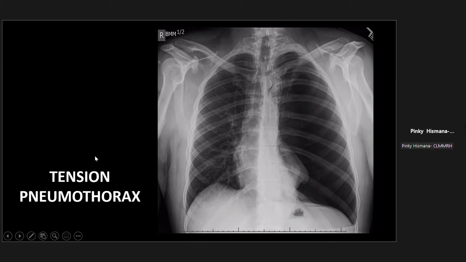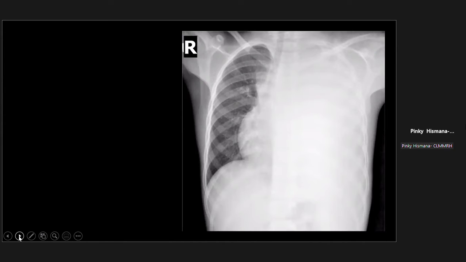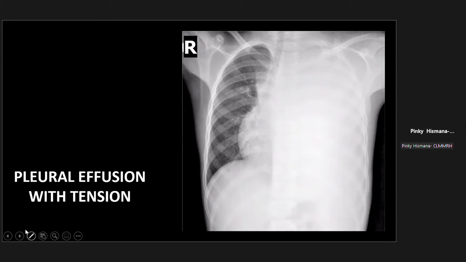I'm sorry, I have not prepared that, but I hope in the future I can make supplementary lectures to explain more the difference between the two. What's important is that when you see this in the field, especially if there's deviation of the trachea, that's already called tension. That means this is an emergency case that you should refer to the surgery department.